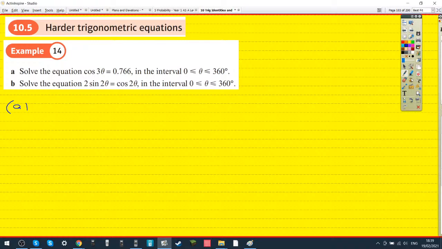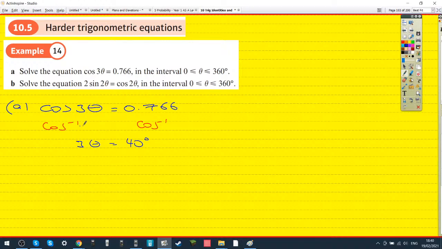So you have cos 3 theta equals 0.766. Inverse cos both sides: 3 theta equals 40. And so do you divide 40 by 3? You would think so. That will get you one solution, but all the others will be wrong.